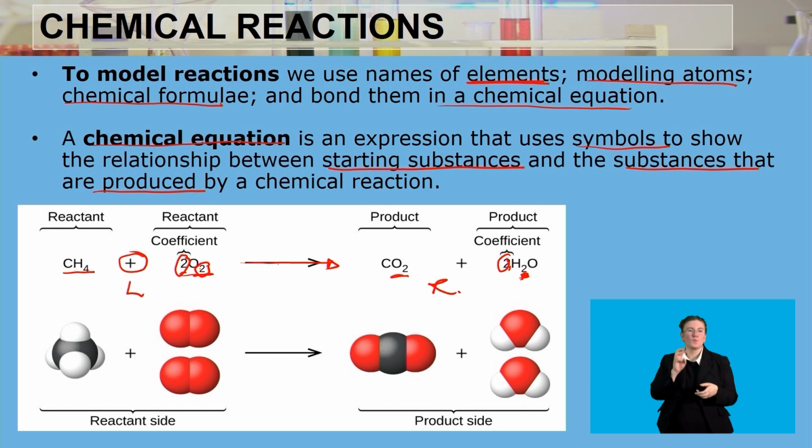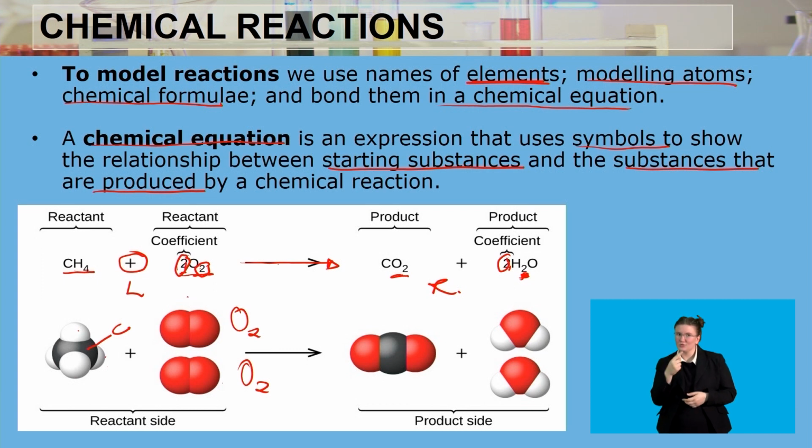And in terms of the picture, we can see we have the CH4, with the gray C and then 4 hydrogens that are chemically bonded to the C. Then we have our oxygen atoms. Remember that oxygen is a diatomic molecule written as O2, and because we have 2 of them, O2 and O2 gives us 2O2.